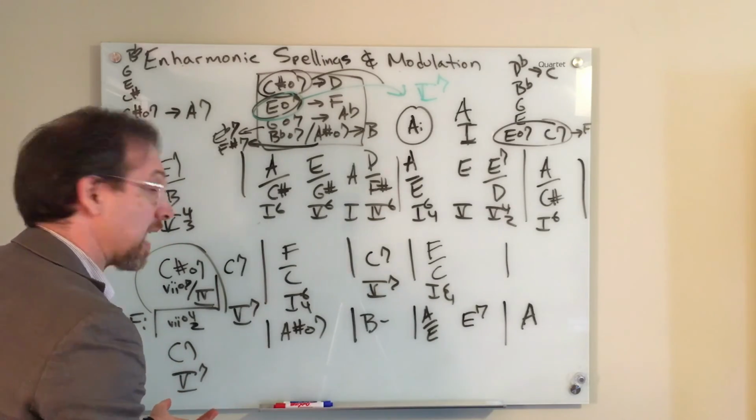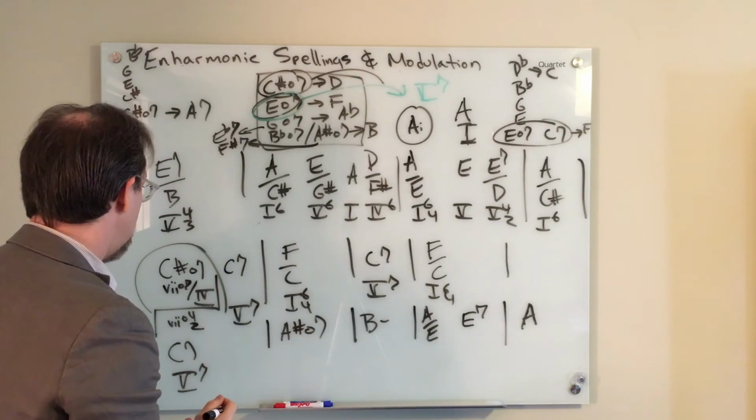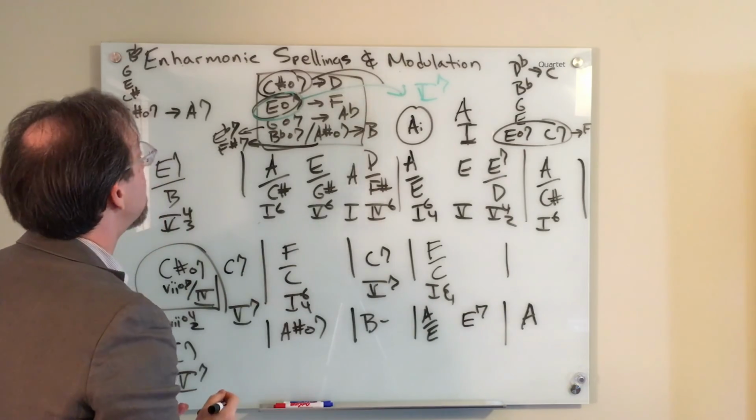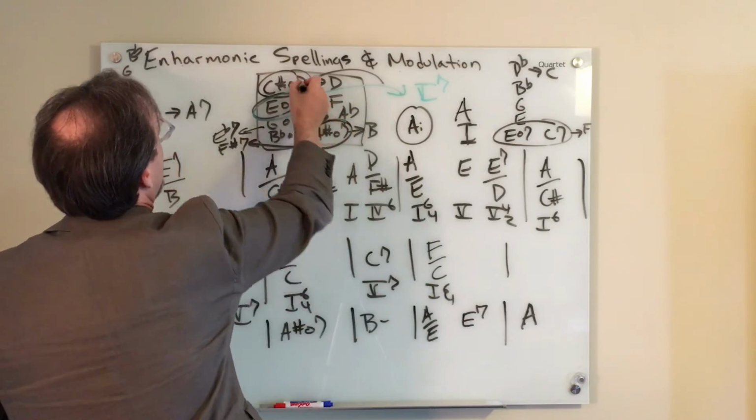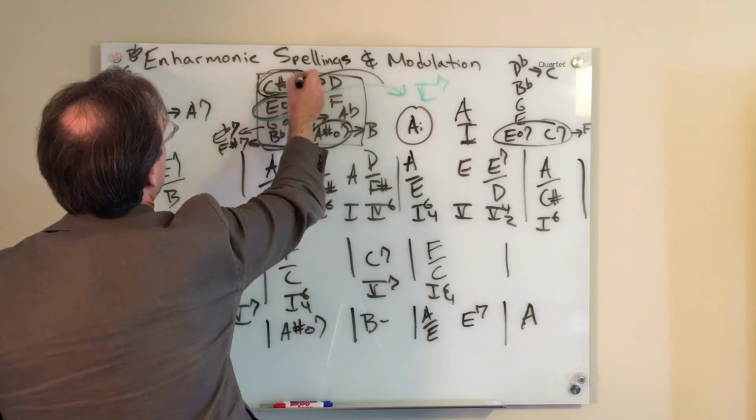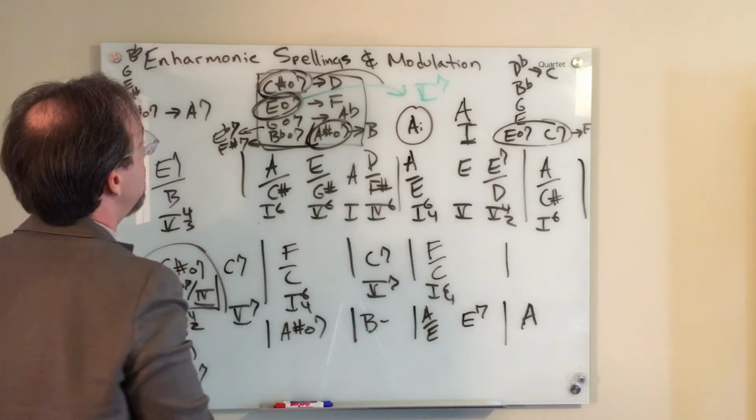It doesn't make a lot of sense. We would not see that. But if we look at A sharp diminished 7, it's just an enharmonic spelling of our C sharp diminished 7 and our E diminished 7.